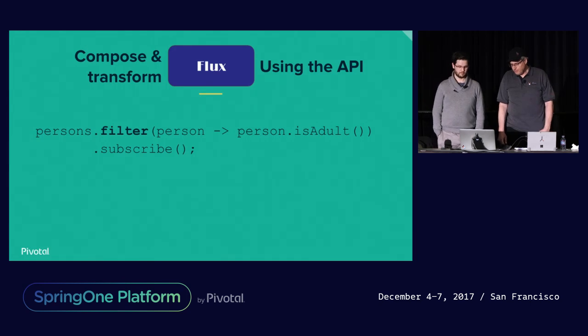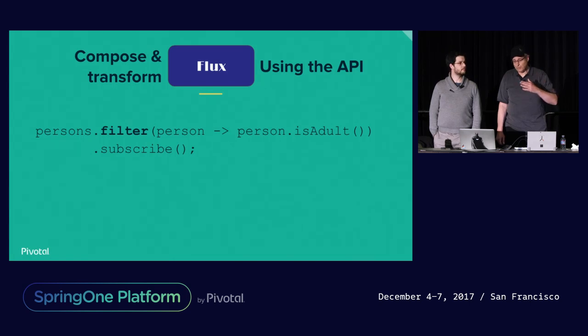So first of all, there are all of these operators. A very common one is the filter operator. What that does is it takes the original flux, it looks at all the data, it applies a predicate in the form of this lambda, and then it creates a new flux with just the data that matches that predicate.